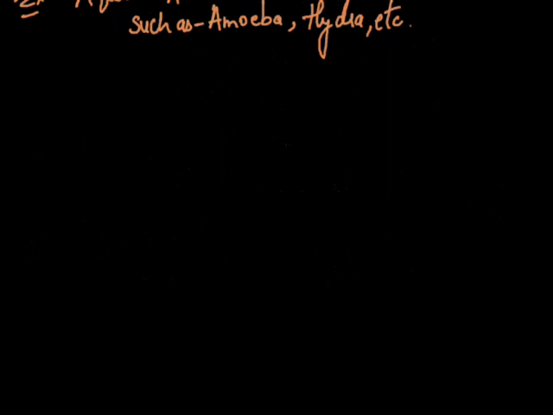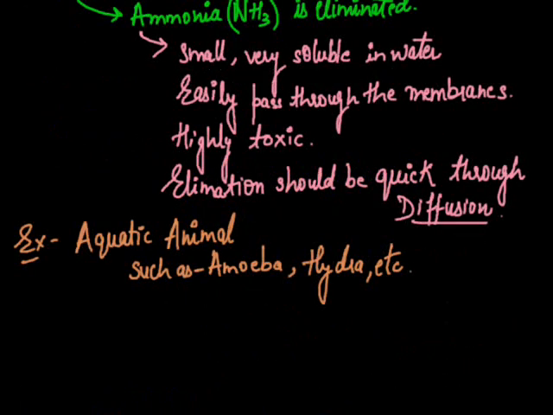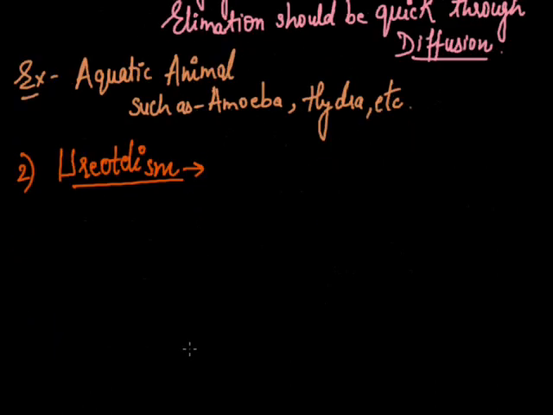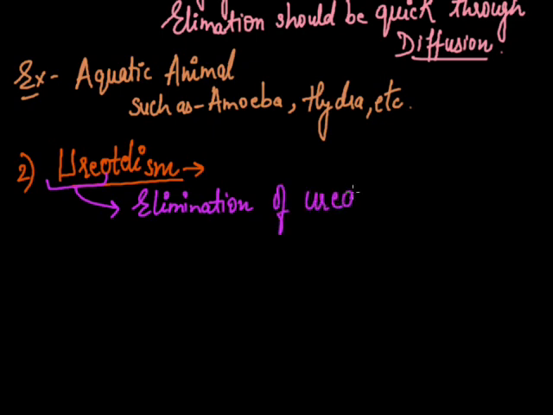Now, the second we will deal with is ureotelism. Here again, as the word suggests, the eliminated product is urea as the nitrogenous waste.